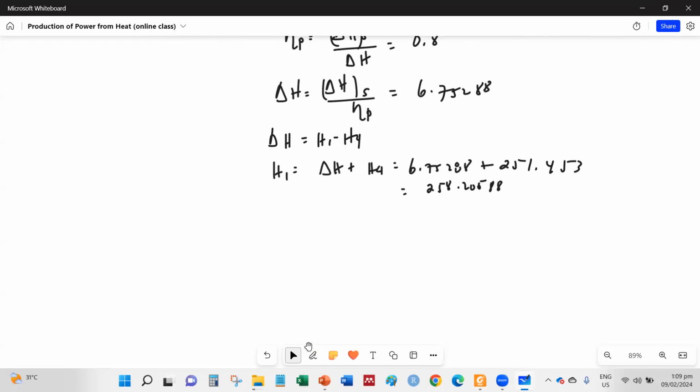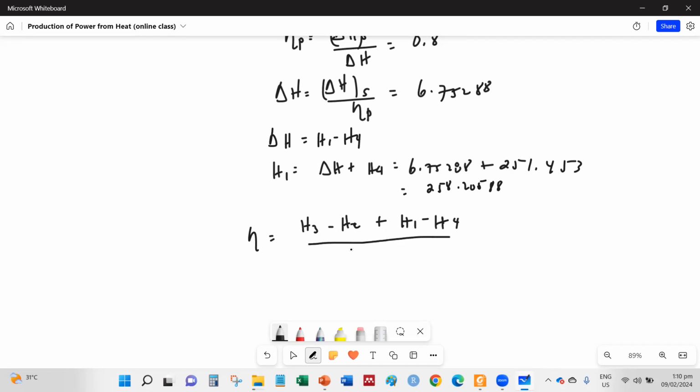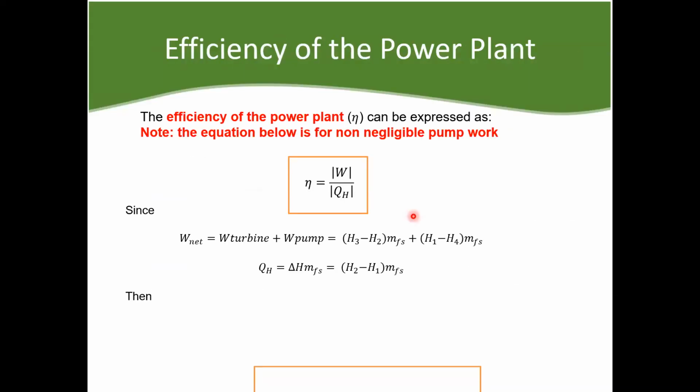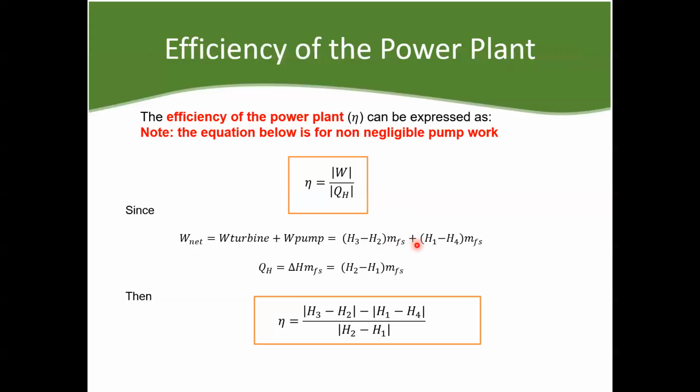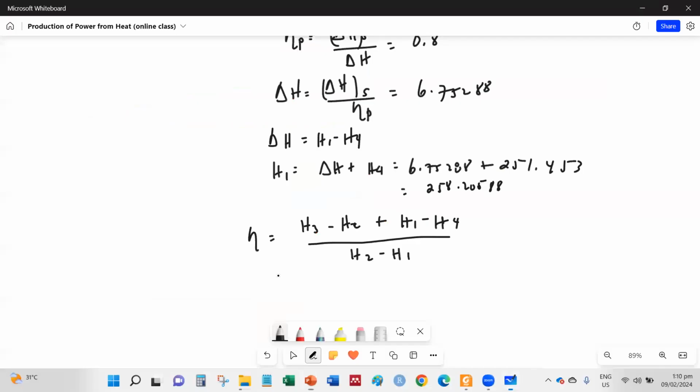The efficiency of the entire cycle is, remember, the turbine first, H3 minus H2, plus for the pump H1 minus H4, divided by QH, which is H2 minus H1. Let's check if that's right. Yes, that's right. So plug in everything.